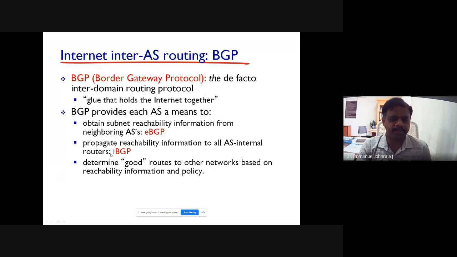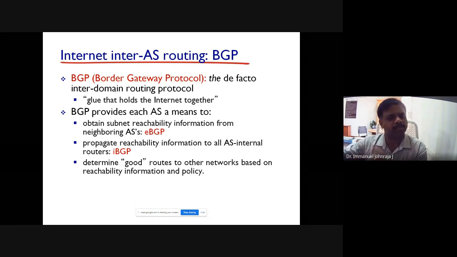I have put three points here. One of them is to obtain subnet reachability information from neighboring autonomous systems, that is eBGP. Suppose I am one of the autonomous systems and you are one of the autonomous systems. You may have a lot of computers and networks connected to you, and I will have a lot of networks connected with me.